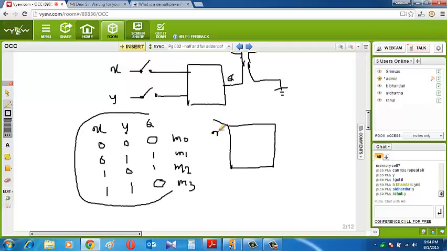Here is X and here is Y. This is M0, this is M1, this is 2, this is 3. Now see, from this truth table, it is 1, it is 1, and those are 0, so we do not fill them. So we cannot make a pair. It is 0, it is 1, it is 0, it is 1, so we have to make single loops.